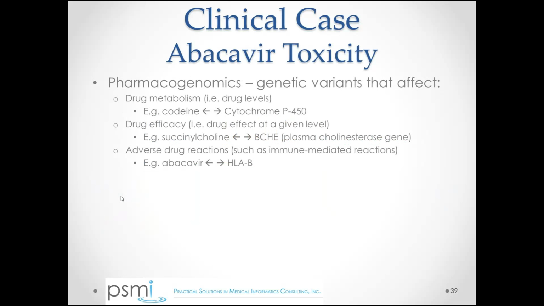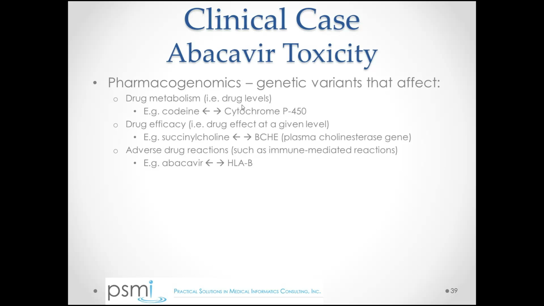But if we back up a minute, let's just digress for a couple of slides and talk about pharmacogenomics. Really, when people think about pharmacogenomics, they're breaking it down into three categories. These are genetic variants that affect one of these three categories, and that includes drug metabolism, drug efficacy, or adverse drug reactions.